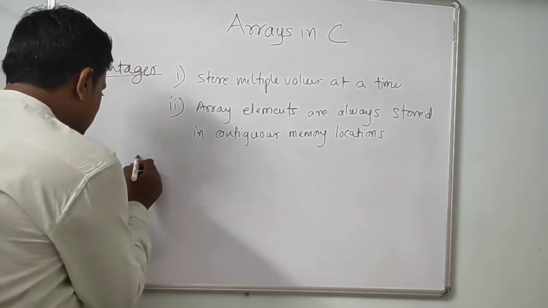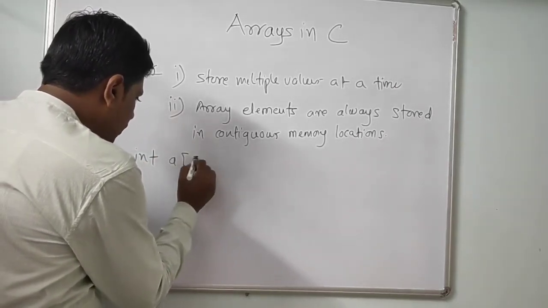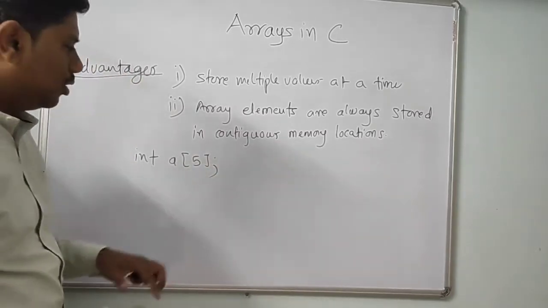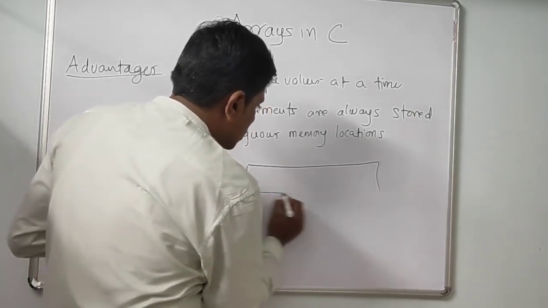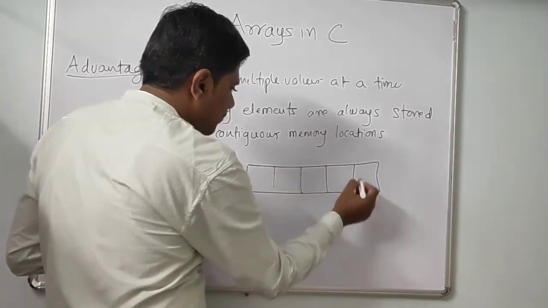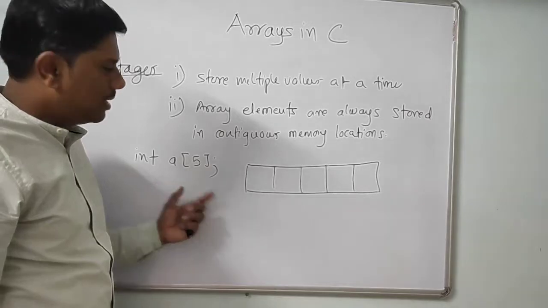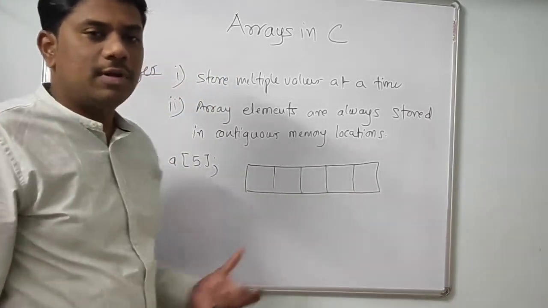What is the meaning of this? Suppose I am taking an array of 5 elements. When the compiler sees this particular statement, the compiler will reserve continuous 5 blocks for your array.